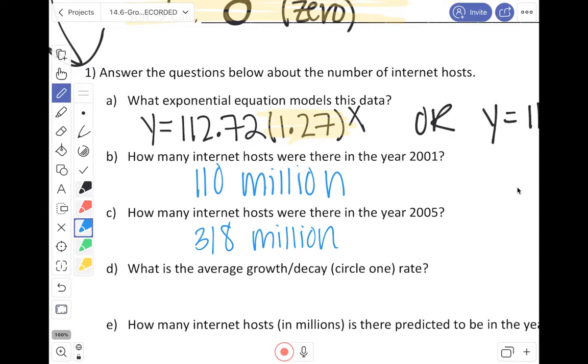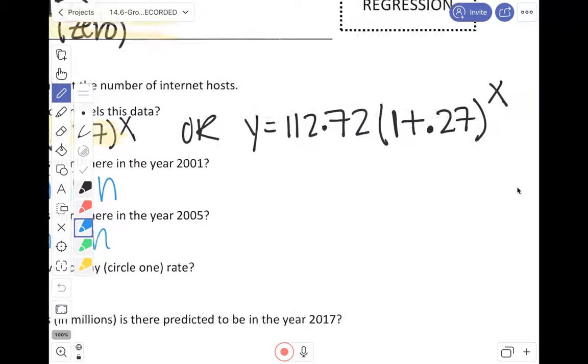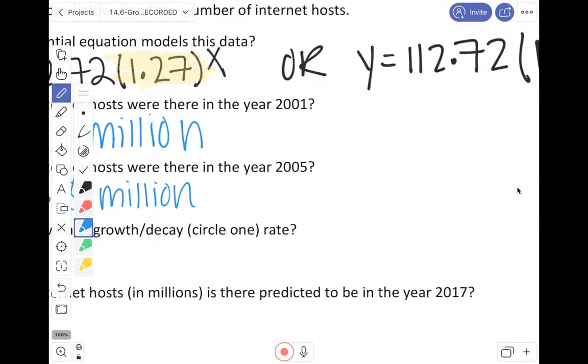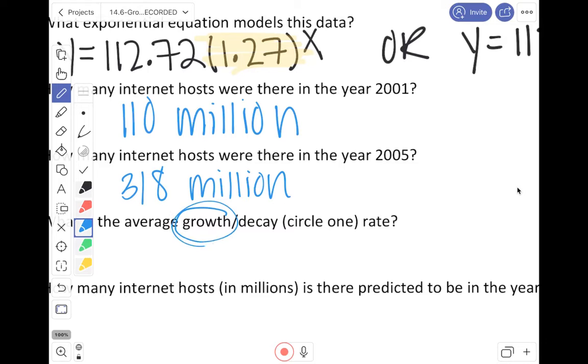What is the average growth or decay? Circle 1. So we already set up here, we said it was growth because of this plus sign. That means it's growth. If it were minus, it would be decay. So first off, we know it's growth. And it wants to know the rate. The rate is in a percent.